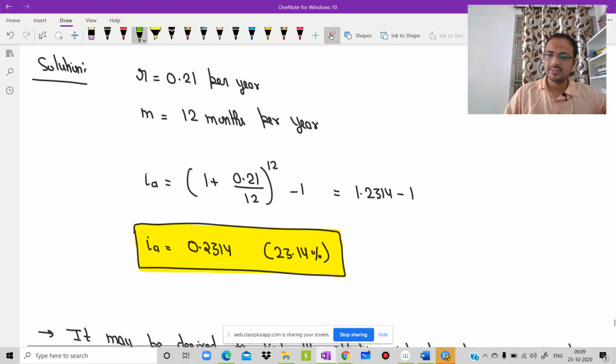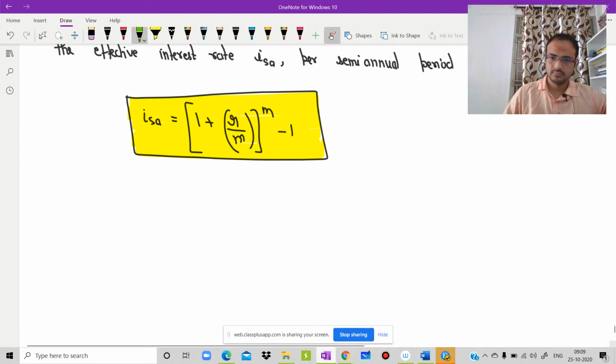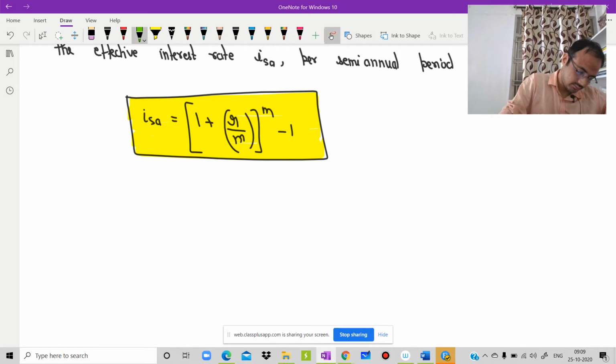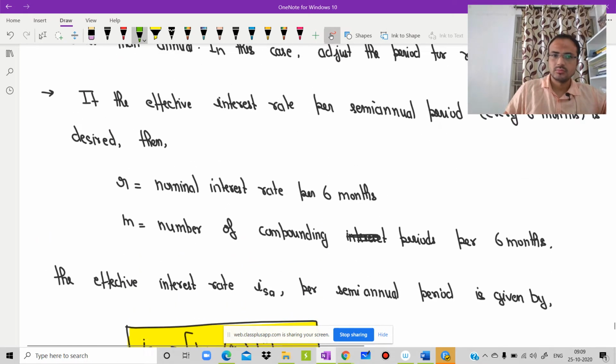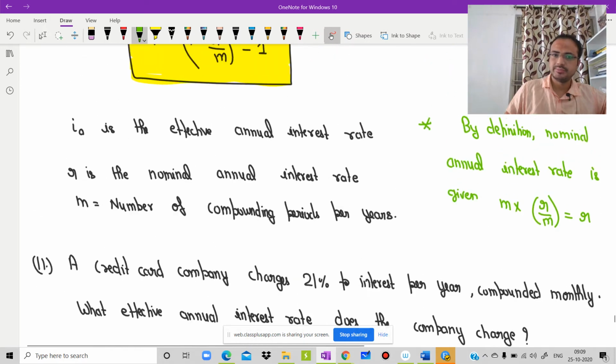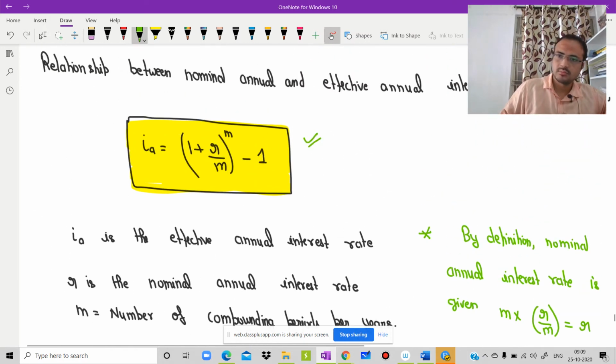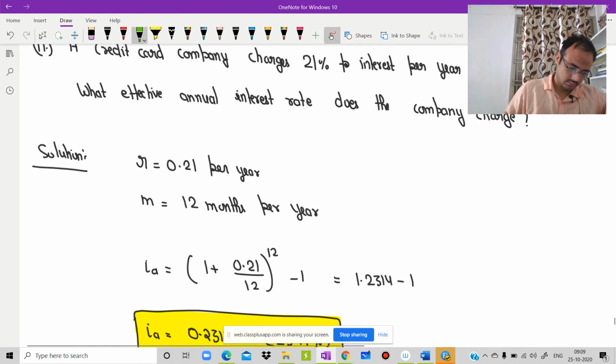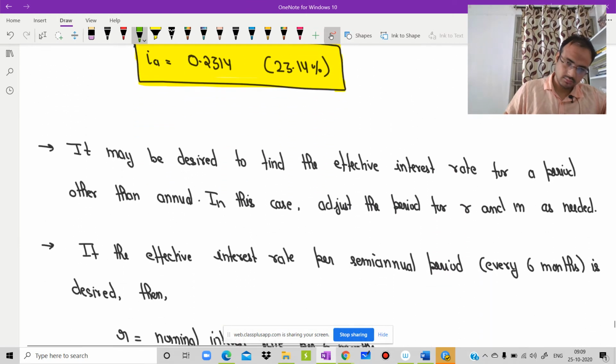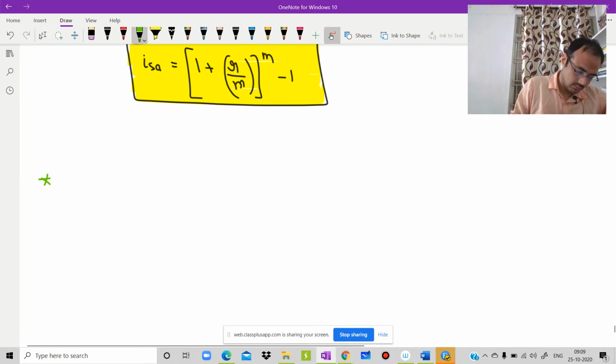Is it clear up to this point? Is there any rocket science? Very good. Now write down the next one. But most of the time, you will use this annual one.